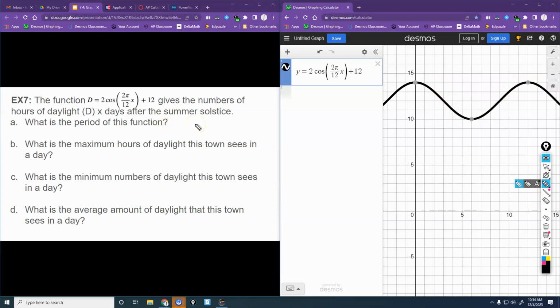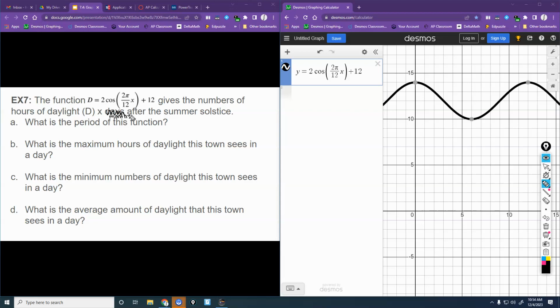Oh, I'm sorry. I've got a mistake on this question. Where it says days, it shouldn't say days. It should say months. Because how often would you expect this pattern to repeat? It's the number of hours of daylight. Is it always the same?